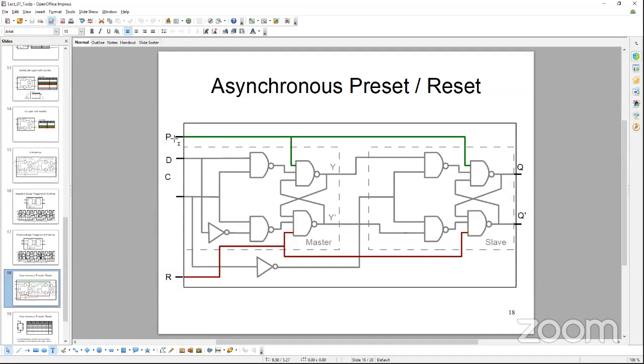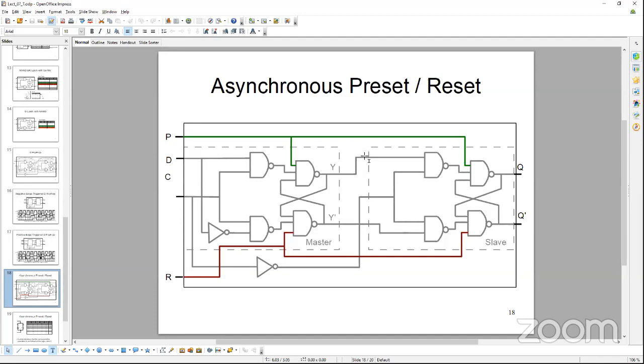And if we feed in a 0 on the P, and let's say R stays at 1, then we can actually force the Y to become 1, which also forces this NAND, the output of which is Q, so that logic also becomes 1. And with this feedback mechanism, the other terminals, Q bar and Y bar, will become 0 respectively. So that is the preset.